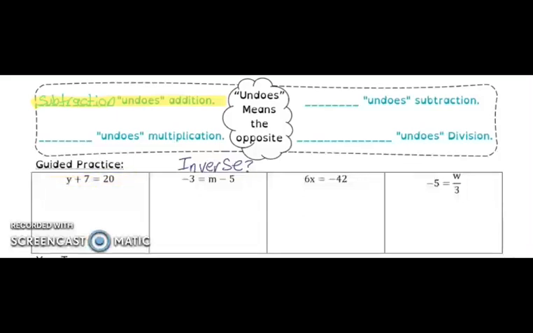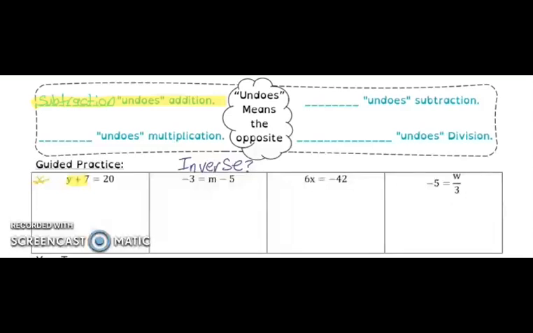I'm going to put a little yellow star in the corner so that you know it's the yellow one. We can see that because it has this plus sign here in the middle, we can undo that by subtracting 7.